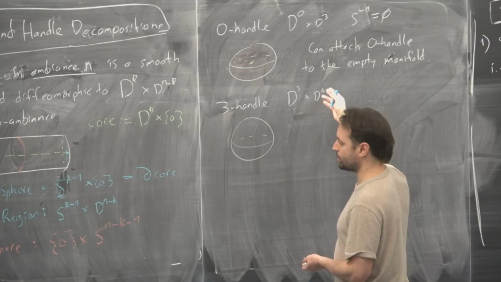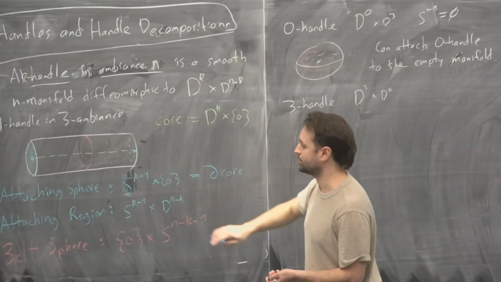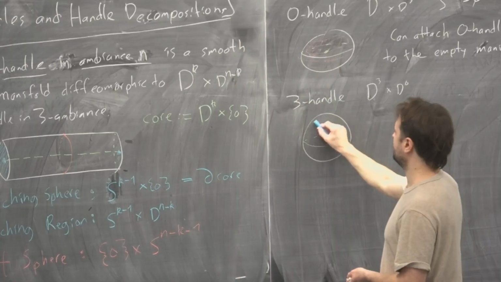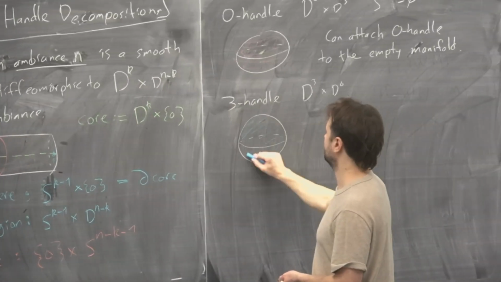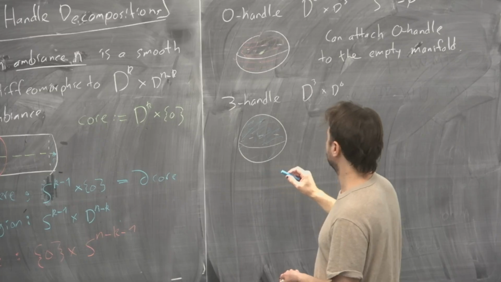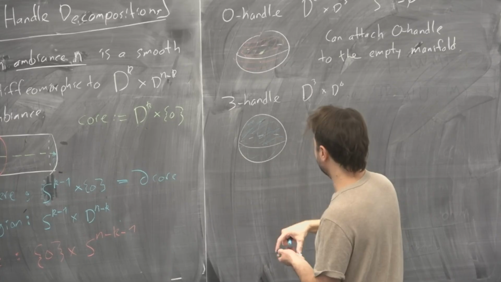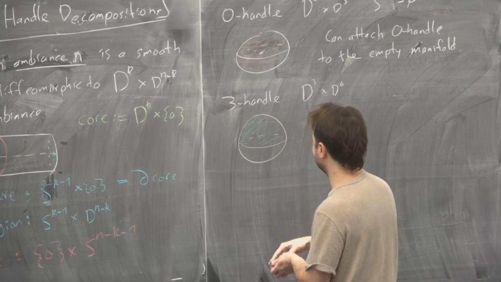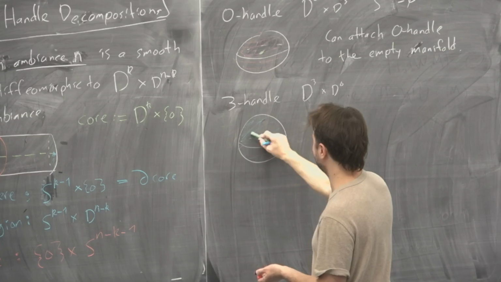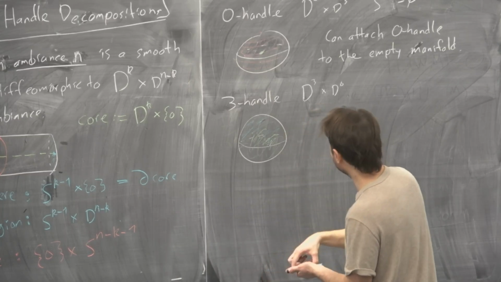D^0 is the singular point 0. So in fact, the attaching sphere and the attaching region are the same, and it's just the boundary. And the core is everything, the solid ball. I don't know how to really draw this. So the core is everything.